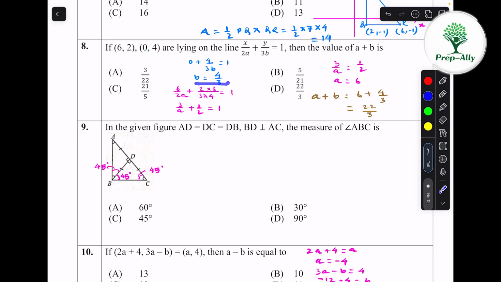So b I have got. Now this point is also lying here. So in place of x I'll put 6 and y I'll put 2. So I'll get this right here, and b I already know, so I'll put b here. So I'll find a. So 3 upon a plus 1 by 2 equal to 1. So 3 upon a equal to 1 by 2. A equal to 6. So a plus b, right? 6 plus 4 by 3. That is 22 upon 3. So this is the answer.